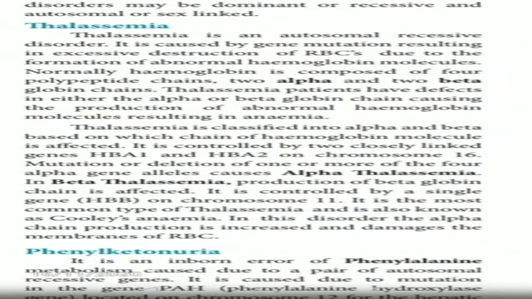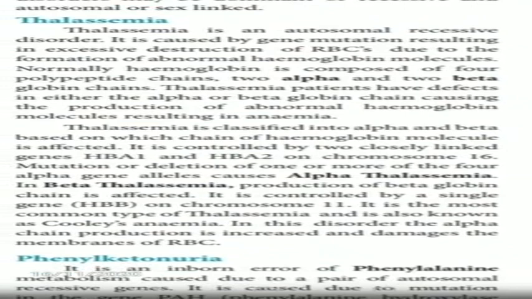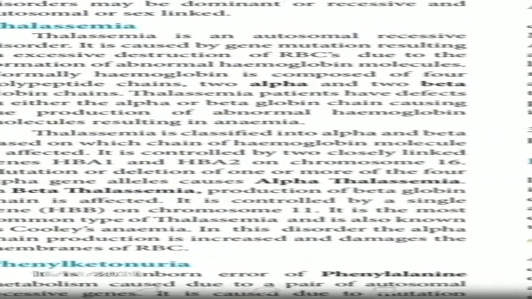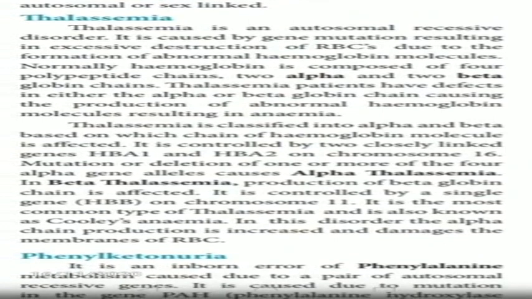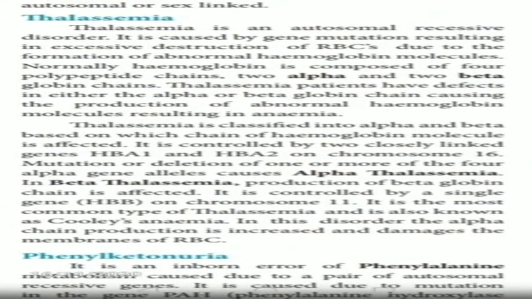Normally thalassemia occurs in the hemoglobin, in our blood. Hemoglobin is composed of 4 polypeptide chains, that is 2 alpha and 2 beta globin chains.